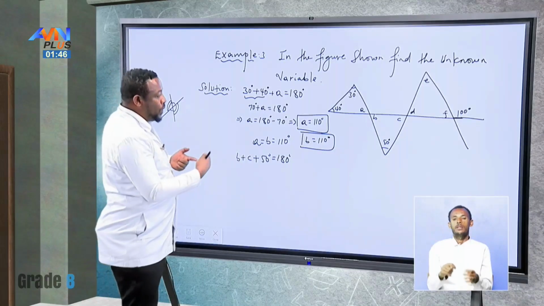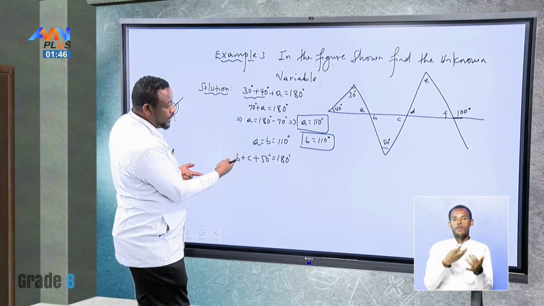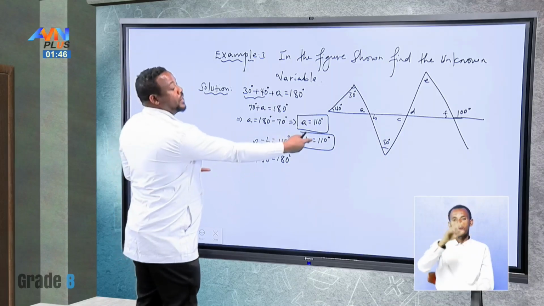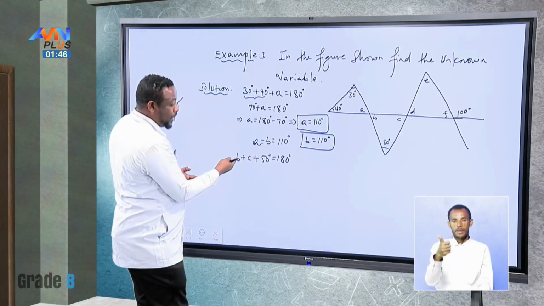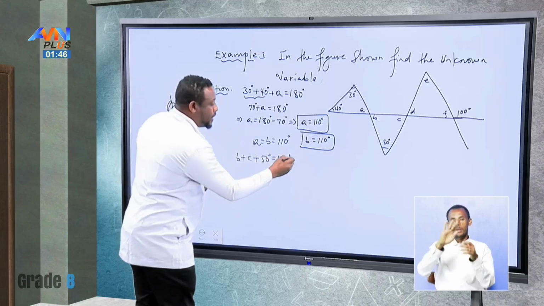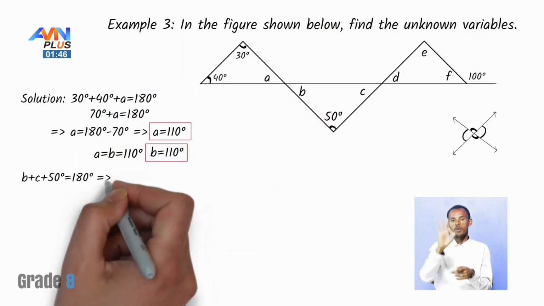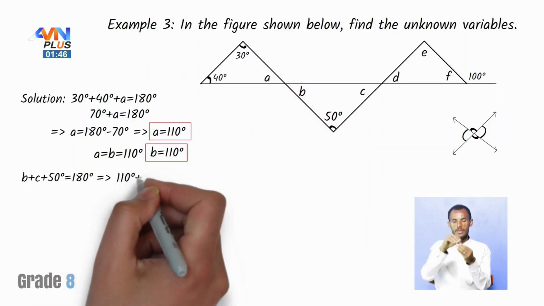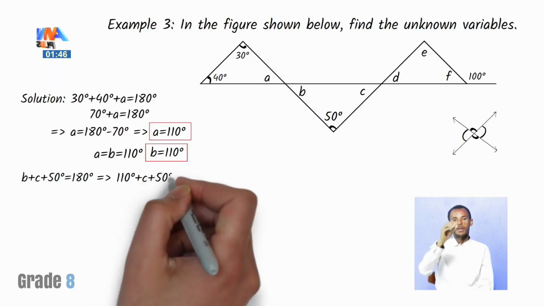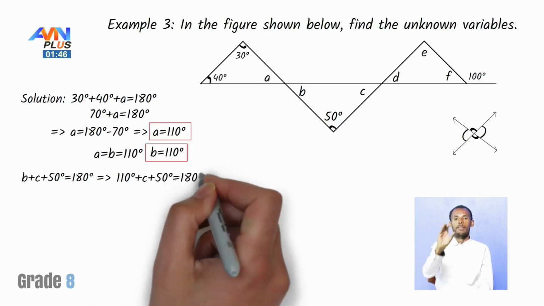We have already obtained B, which is 110, so you can substitute 110 in place of B. This gives us 110 degrees plus C plus 50 degrees is equal to 180 degrees, right?